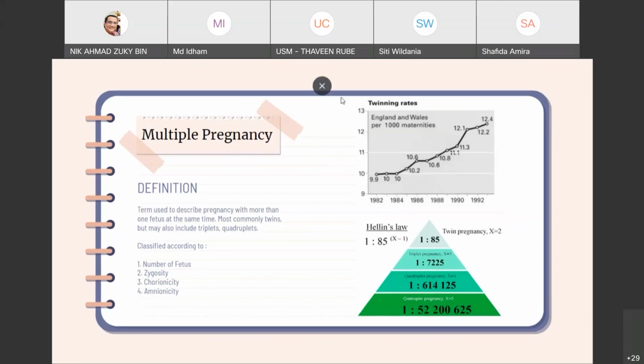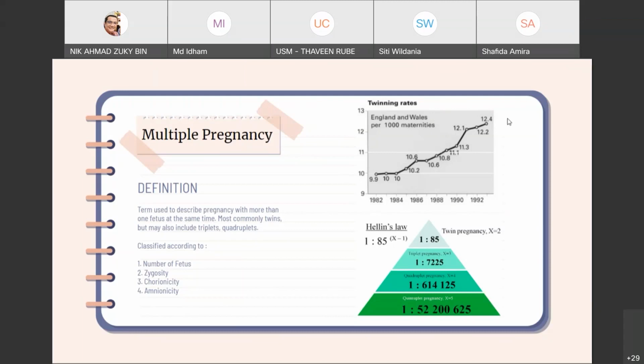So the incidence increased by years. You can see here, this is the incidence in England and Wales per 1,000 maternities. From 1982 to 1992, it increased by years. Traditionally, for the incidence, we also can use Hellin's law, which is 1 in 85.